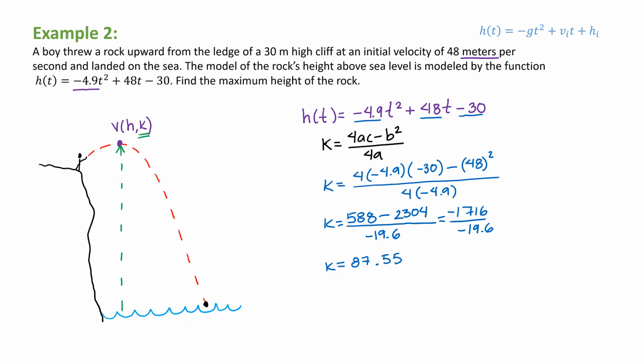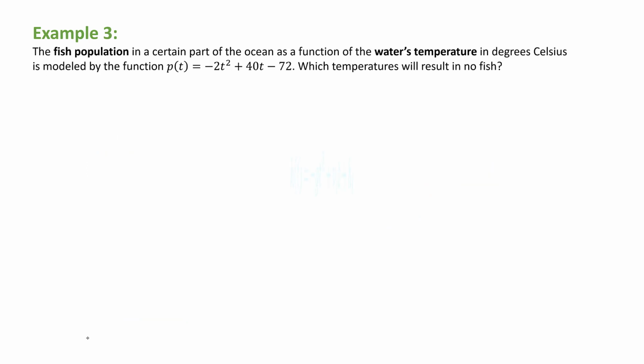Okay, and we're looking for a height, and the problem is measuring in meters. So this is 87.55 meters. That's the maximum height reached by the rock. This third example doesn't have anything to do with projectile motion. It's a completely different problem, but it involves a quadratic model.